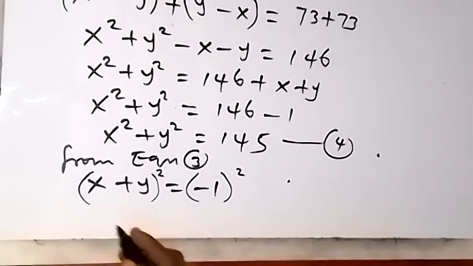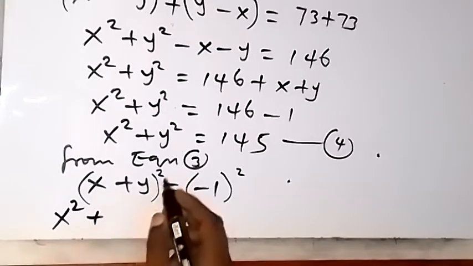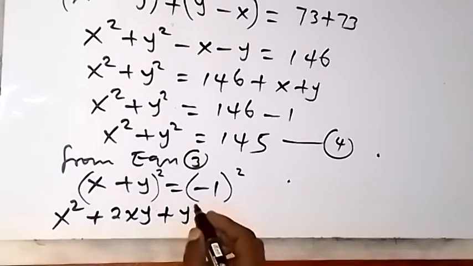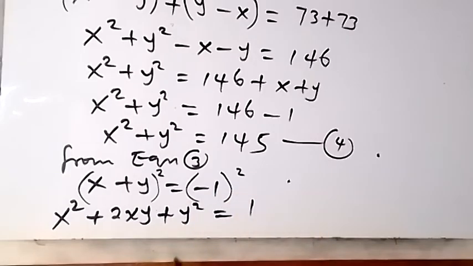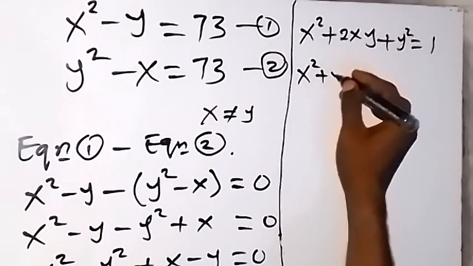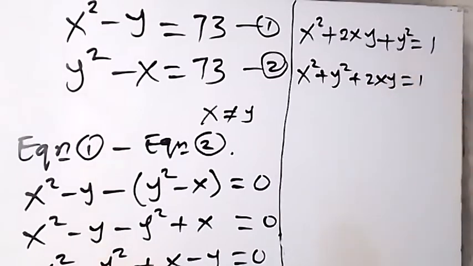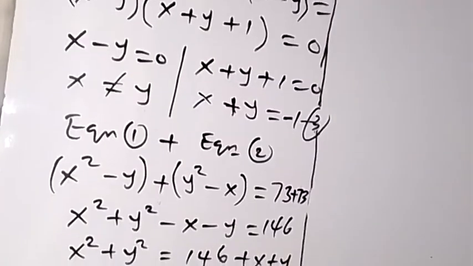Then the expansion of the left hand side, when we expand this, we have x squared plus 2 times x times y, that's plus 2xy, then plus y squared, will then give us minus 1 squared is still 1. Then we can bring the squares together from here, and we have x squared plus y squared plus 2xy equals 1. And from equation 4, we have that x squared plus y squared is equal to 145.